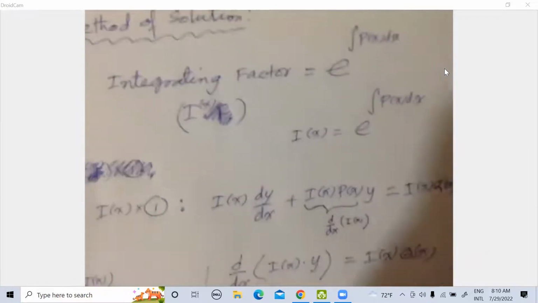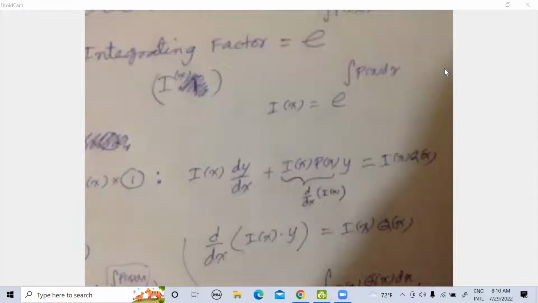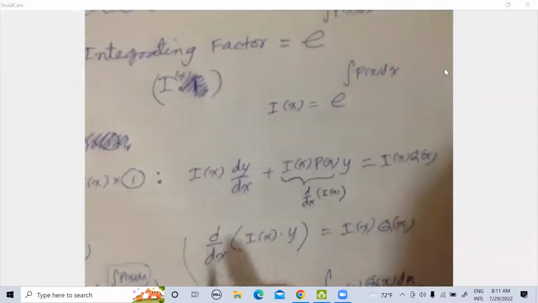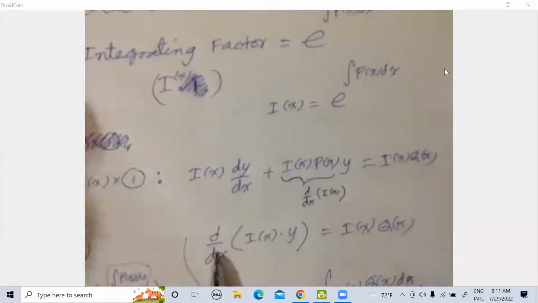Don't worry, when we do an example, everything will become clear. Now, these two terms together give us this. The derivative is equal to this, so integrate both sides. Integral and derivative are inverse processes.